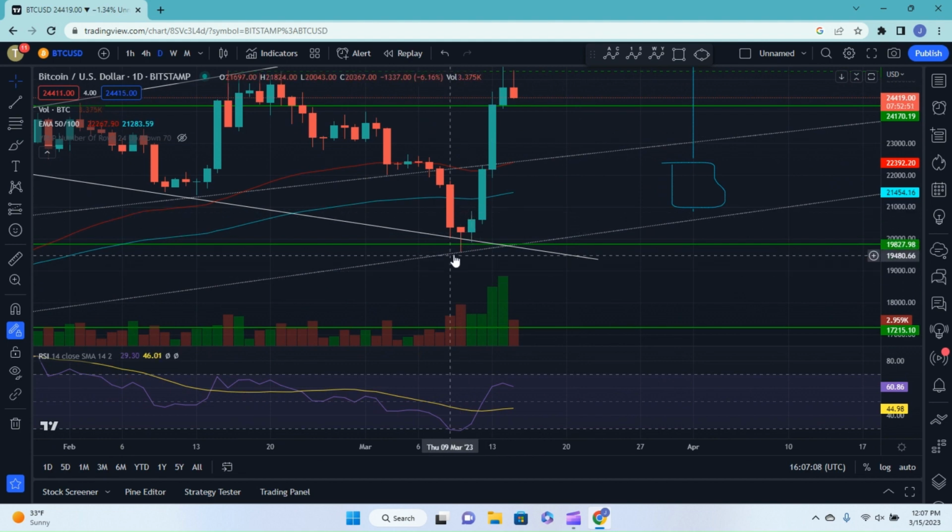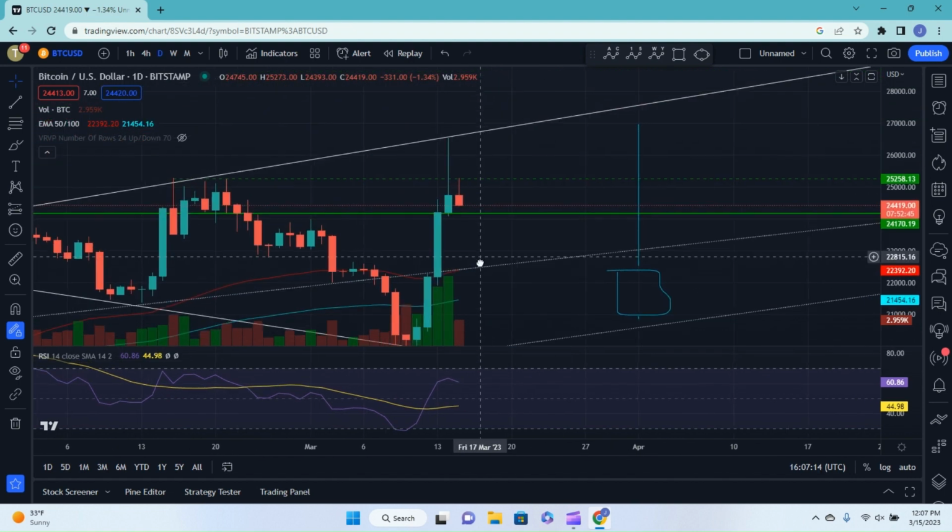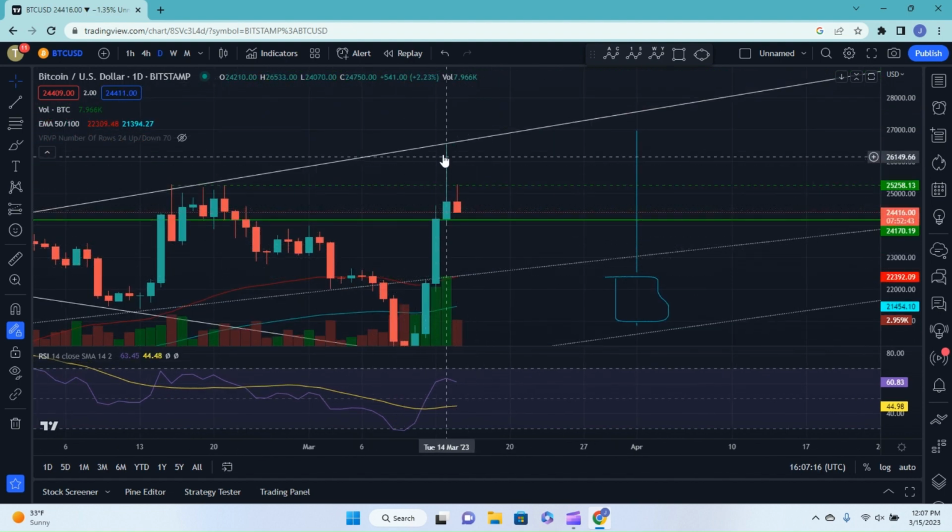So as we moved down, the buying pressure brought us back and pushed us up. It pushed us all the way up to where the bears took over and pushed us back down. Now, when I was first looking at this candle right here, let me get rid of this real quick.